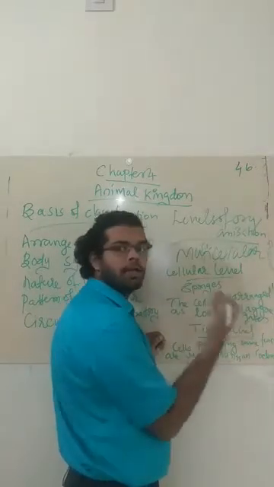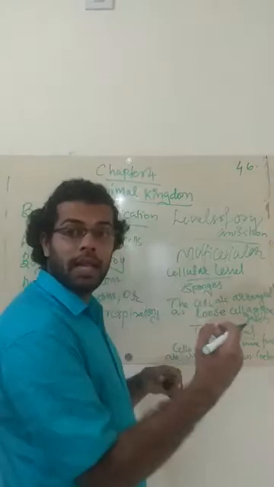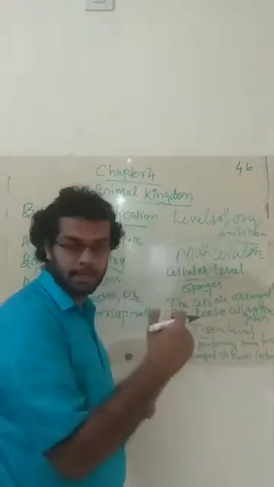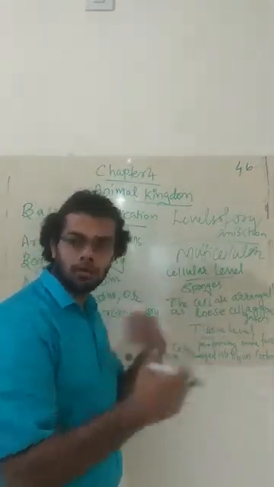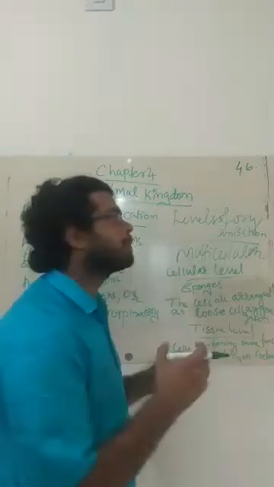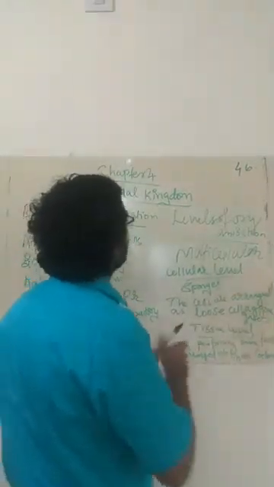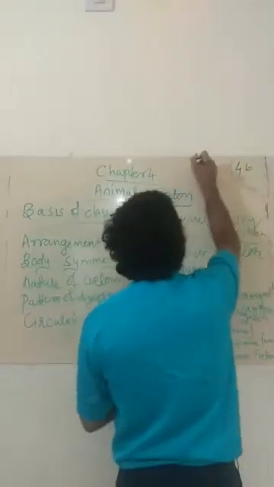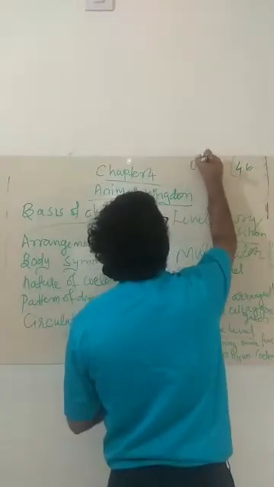Next is a higher level of organization, that is organ level, which is exhibited by members of Platyhelminthes. These tissues are grouped together to form organs, and each specialized organ has a particular function. So next is organ level.